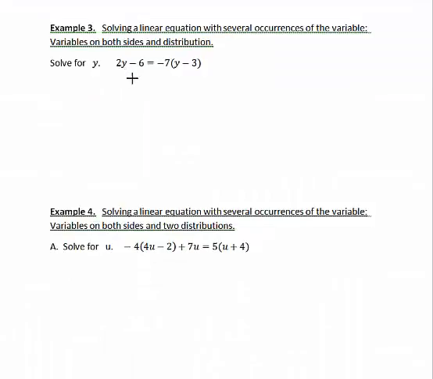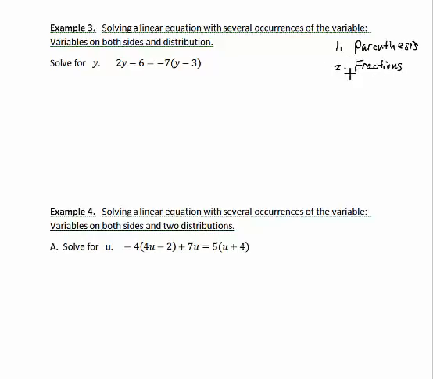Example 3. We now have a set of parentheses, and the variable is in different places on opposite sides of the equation. So our guidelines are 1, get rid of parentheses. 2, get rid of fractions.